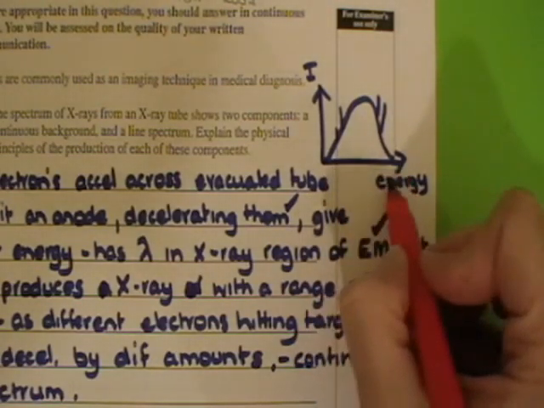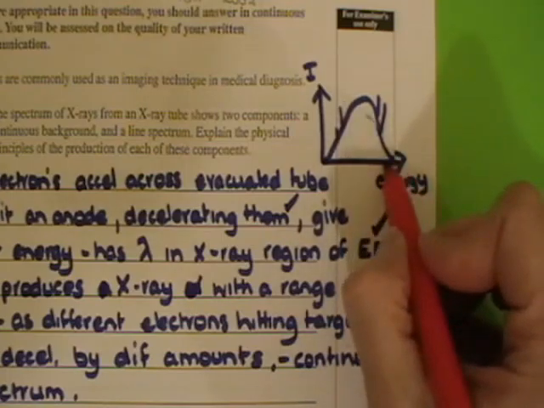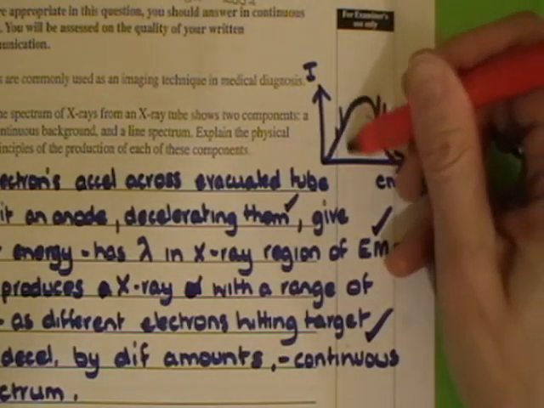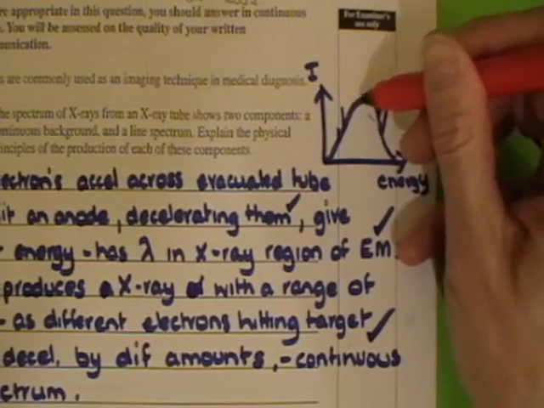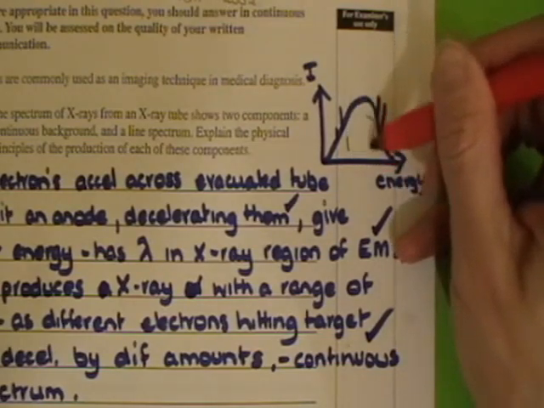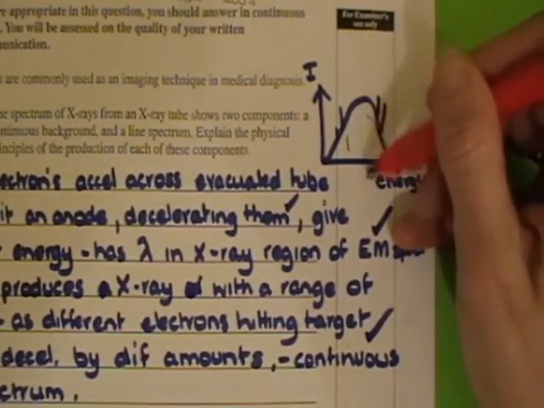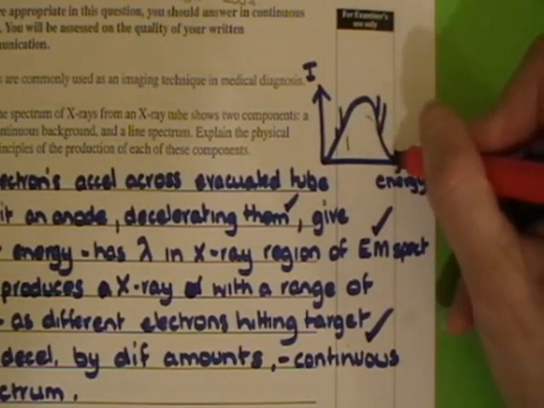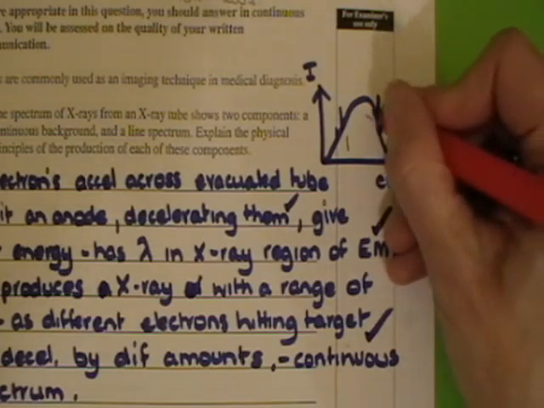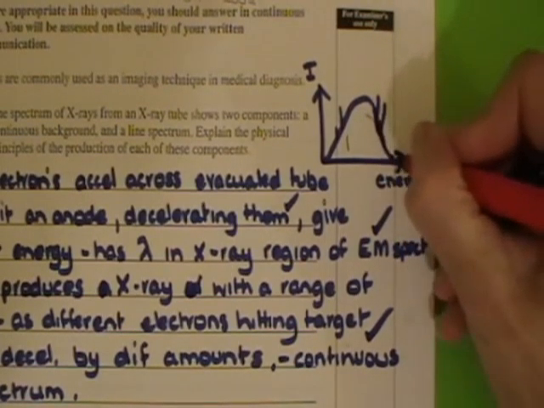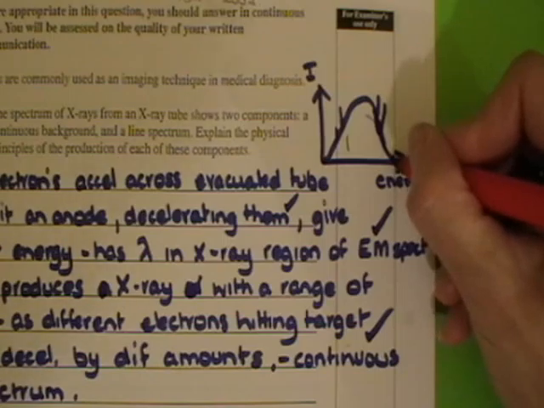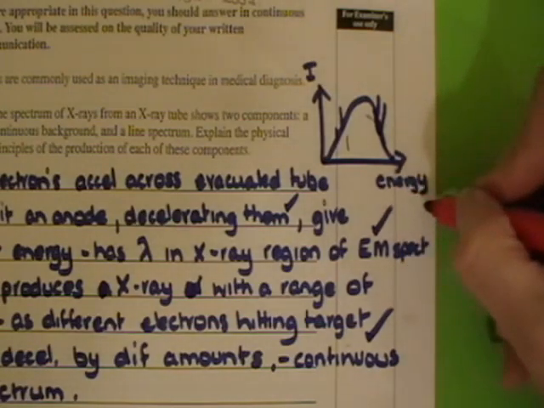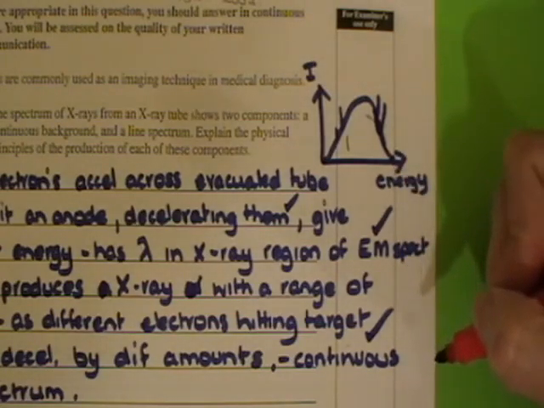The X-ray photons that are given out have different amounts of energy. Most of them are found around the middle there, and that's why the intensity is greatest there. Around the middle, they give up some kind of average amount of energy, and very, very few of them give up all their energy, or their maximum kinetic energy, and when they do that, that produces X-ray photons with a maximum amount of energy as well.